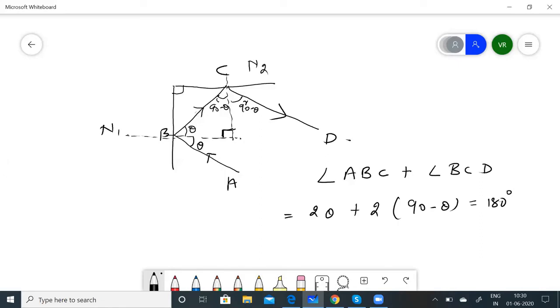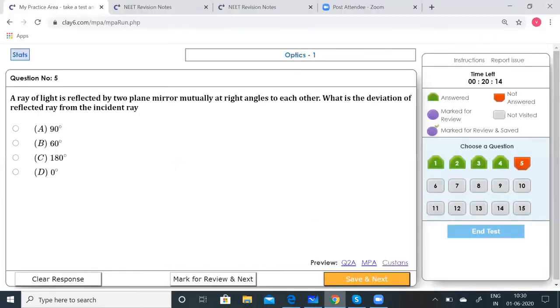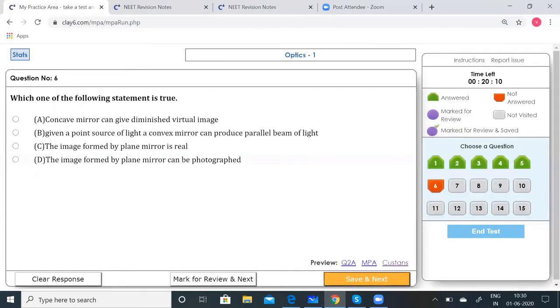So that is 180 degrees. So rays after reflection from two mutually perpendicular mirrors become anti-parallel. They are parallel, but in the opposite direction. So let's see which option is correct. Option C, 180 degrees is correct. So go to the next.